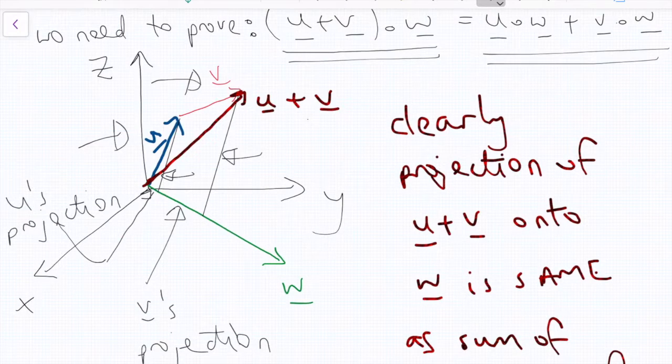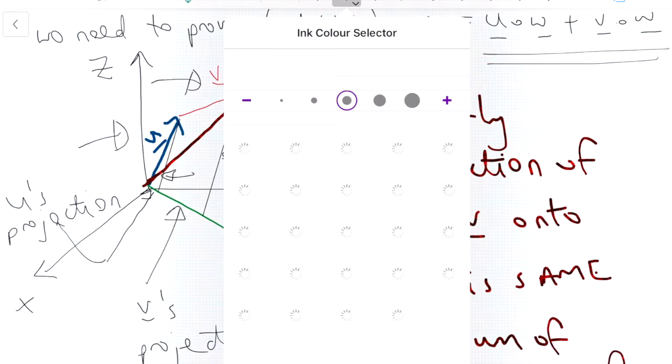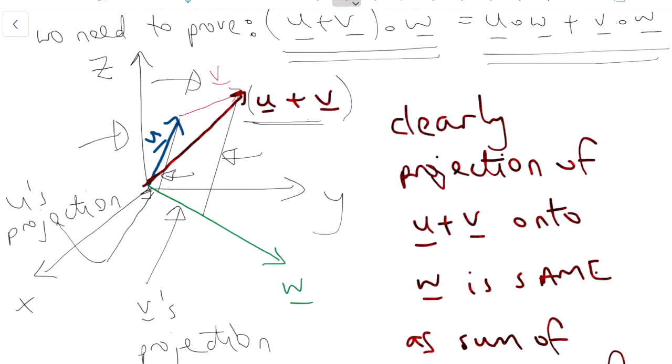Then we need to prove that the projection of u plus v, which is shown in this red fancy font, must be the same. But clearly from the diagram, if we project u plus v onto w, we get this right here, which is exactly the same as the sum of the projections.